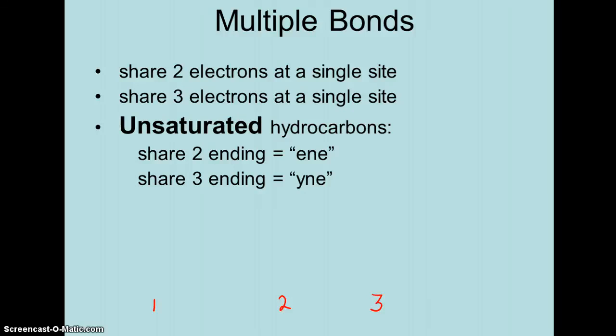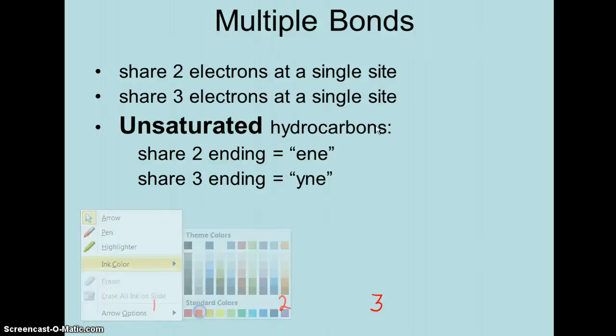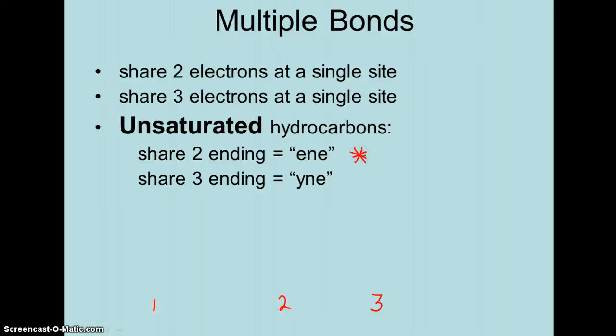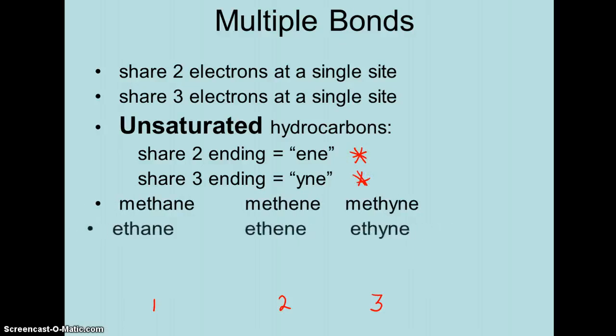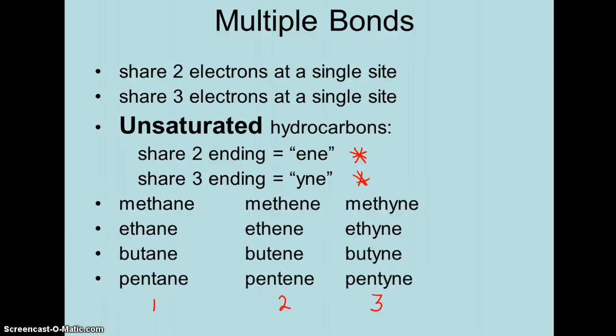ENE, right, hold on, let me get my pen. Right here, sharing 2 and sharing 3 electrons at a single site. Let me give you some names here so that you can fill these in.